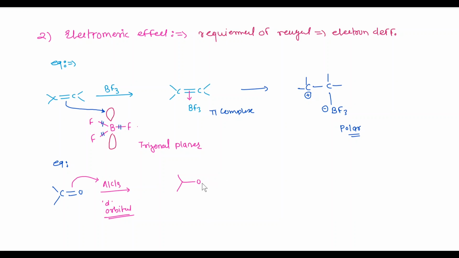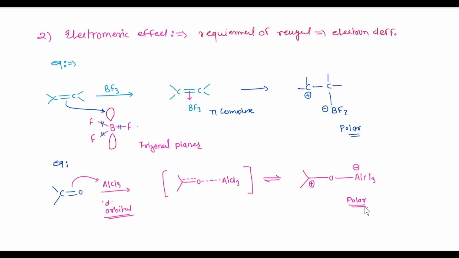The structure of the pi complex is like this. This pi complex is further converted into charged species by complete shifting of electron density towards the aluminium. Aluminium carries the negative charge and this carbon carries the positive charge. This is the polar system.